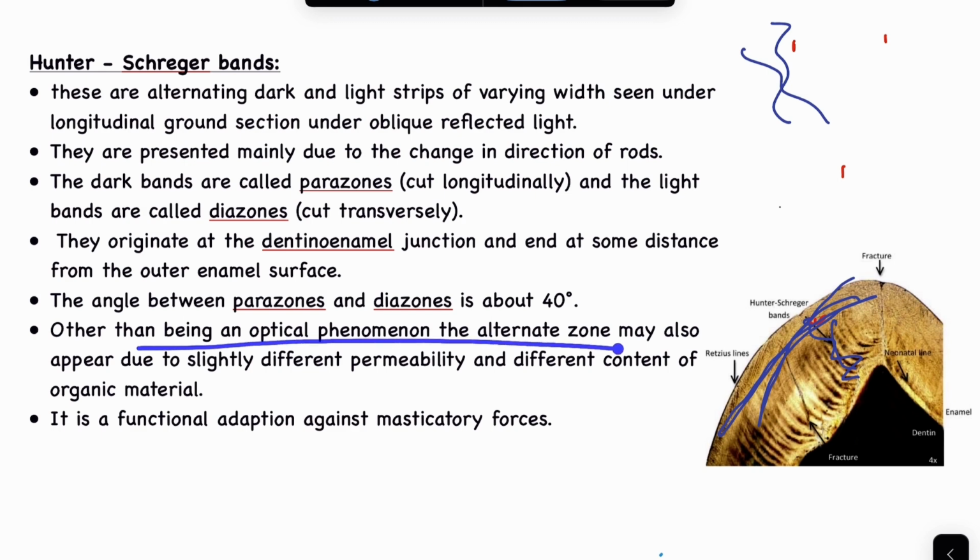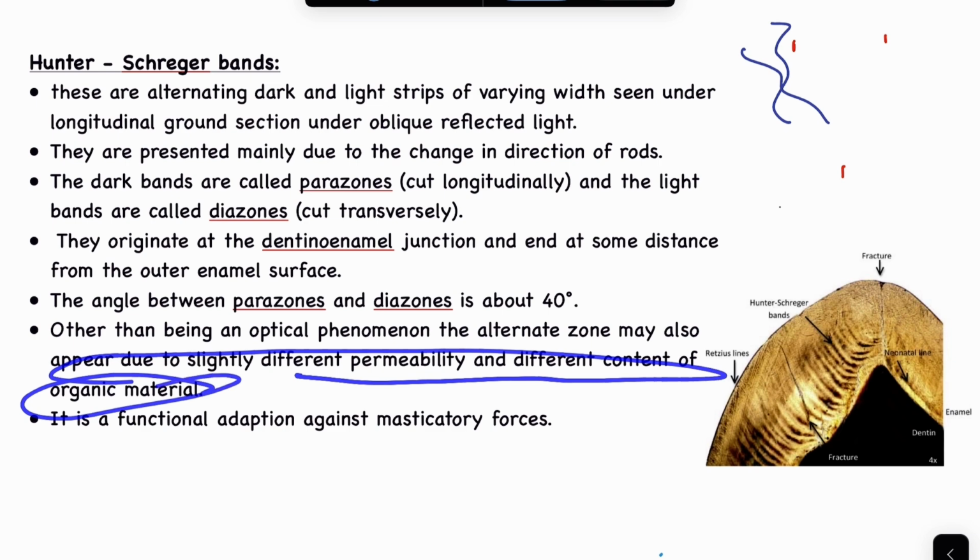Other than being optical phenomena, the alternate zones may also appear due to slightly different permeability and different content of organic material. So this is an optical phenomenon, okay, because this appears like this under the light. But other than that, the light and dark bands may also have something to do with slightly different organic content, okay.